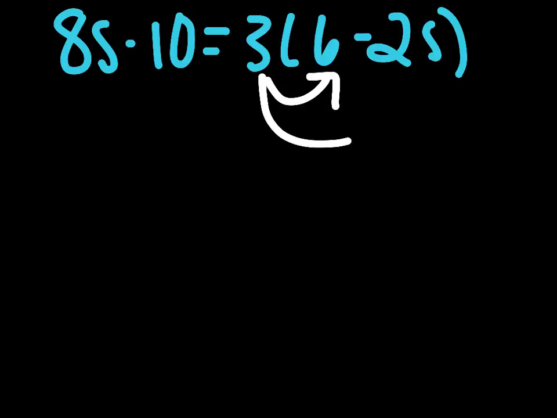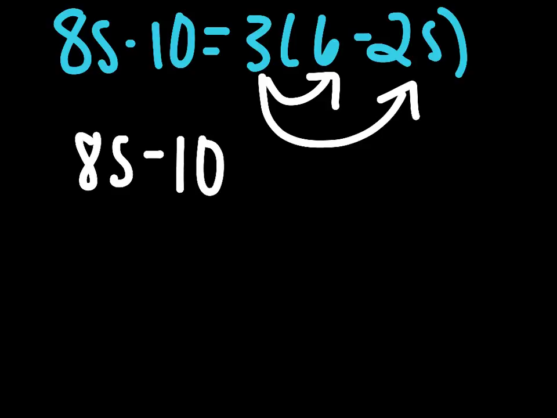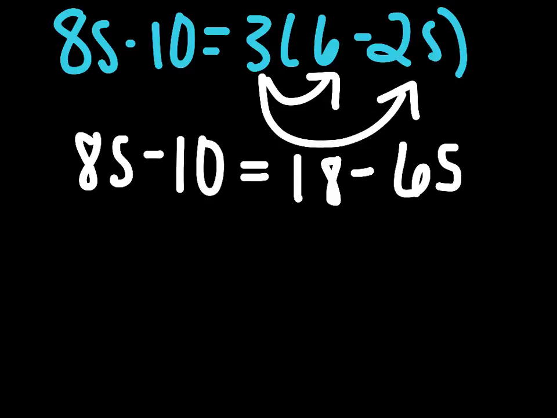8s minus 10 equals 3 times 6, which is 18, minus 6 times s, which is 3 times 6. Okay, now we're going to do the same thing where we're going to have to get it all on one side.